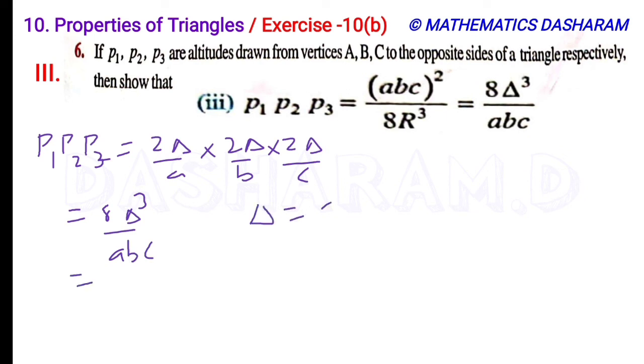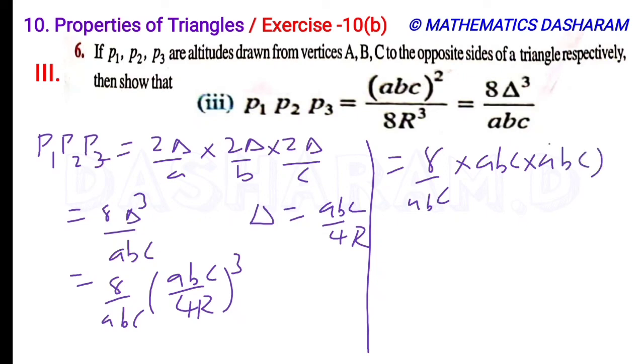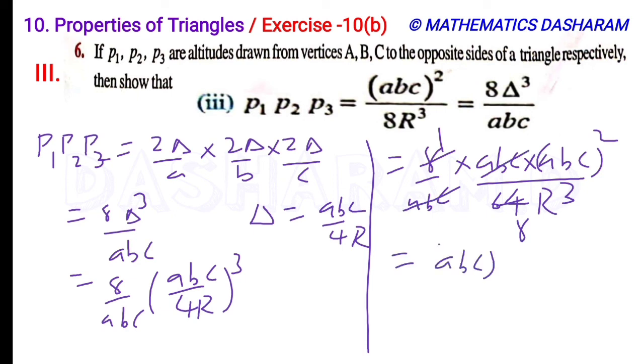But the delta formula is abc divided by 4R. Substitute this value: 8 by abc. Here delta cube means abc divided by 4R whole cube. So it equals 8 by abc into abc whole cube divided by 4 cube R cube. 4 cube means 64 R cube. 8 ones are 8, 8 eights are 64, and here abc cancels, so abc whole square divided by 8 R cube.